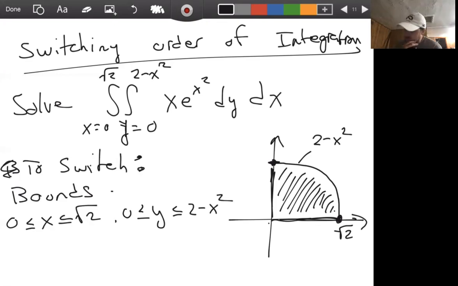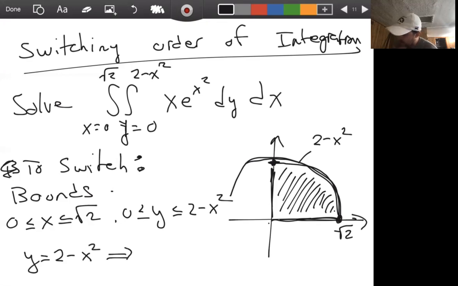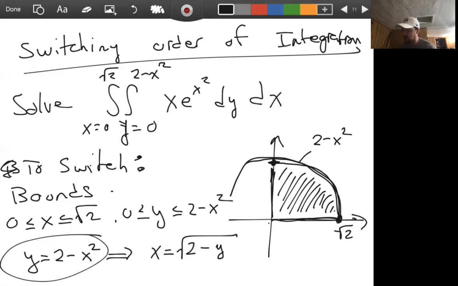And we want to switch these, right? And so the one function that we really need to look at is this y equals 2 minus x squared. When y equals 2 minus x squared, well, that's the same as saying x equals root of 2 minus y, right? If you solve this for x, you get x equals root 2 minus y.